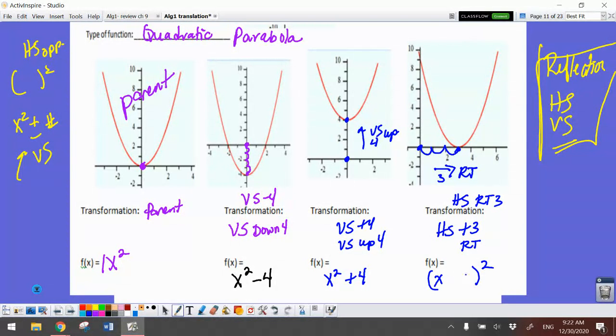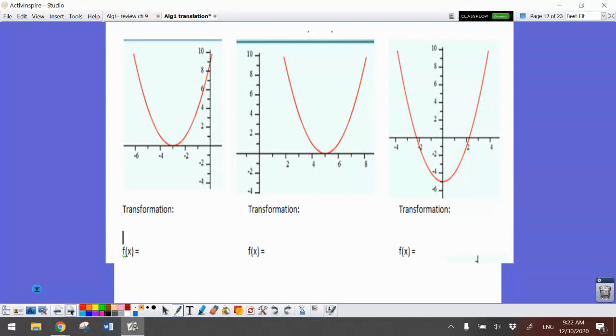I have x and my 3, but remember, this is the one that is opposite. So if I need to move positive 3, this needs to be a negative 3. See what you can do with these 3, and I will catch up with you.